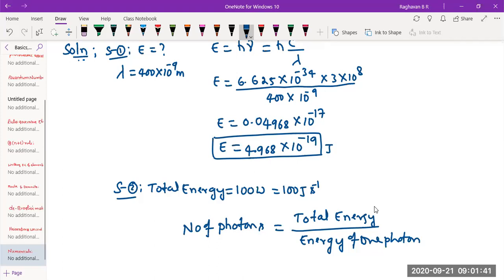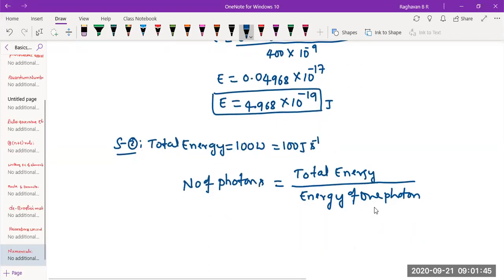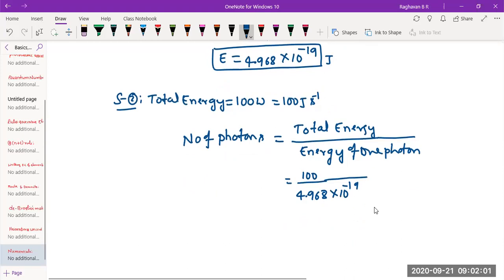So 100 divided by 4.968 into 10 raised to minus 19. So that will give the number of photons.